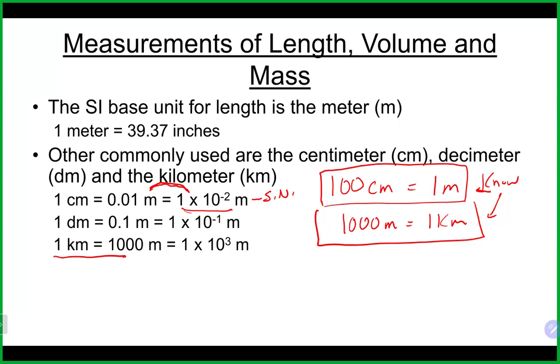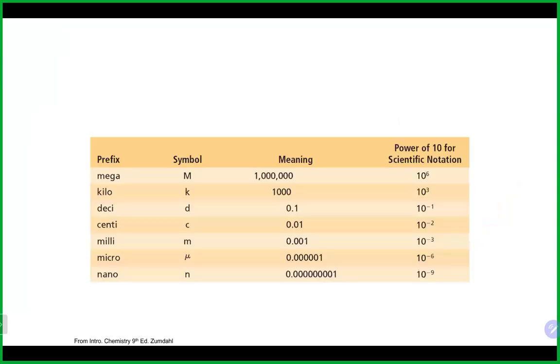As I mentioned before, very commonly we use prefixes to change the meaning of some of these values. You should probably know this table. In this class, and as you continue on in other classes, you'll come across most everybody on this list.